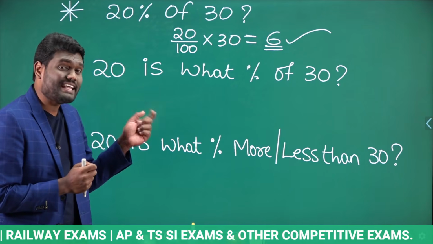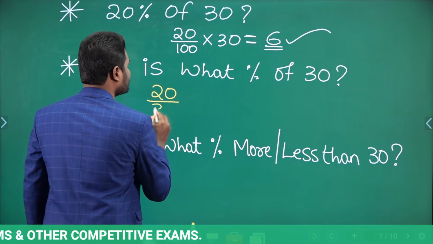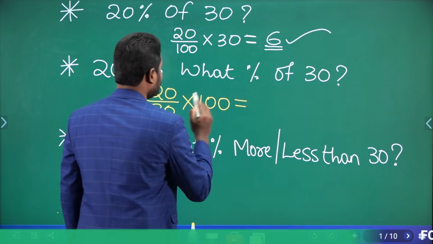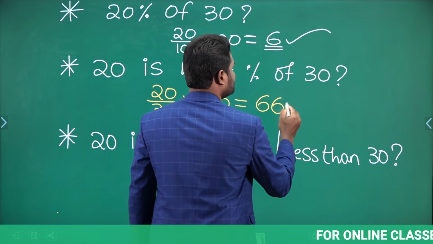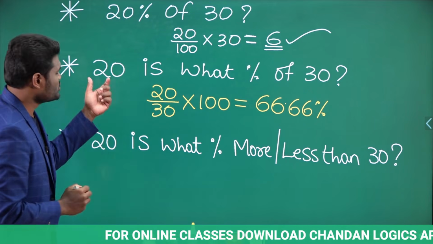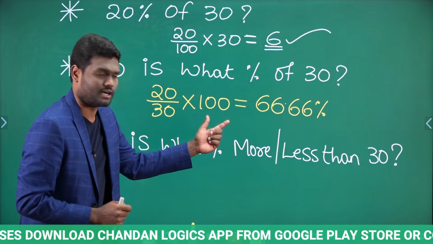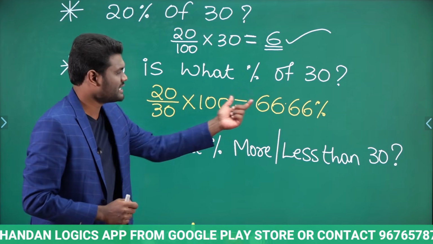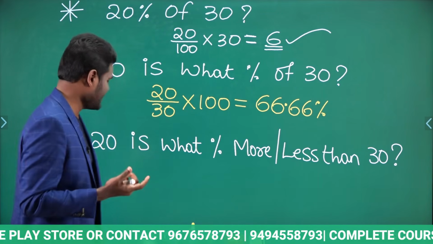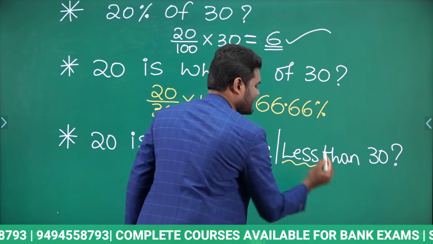When I ask you 20 is what percent of 30, it means 20 by 30 into 100, which is nothing but 66.66%. Because 20 is what percent of 30 means 20 by 30 into 100, which is 66.66%.